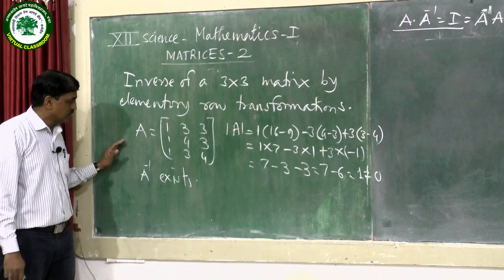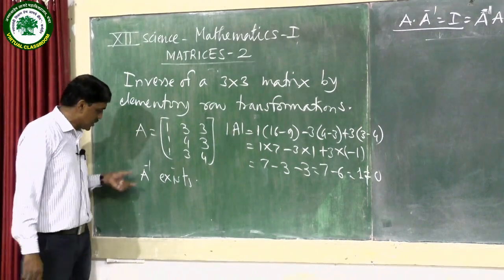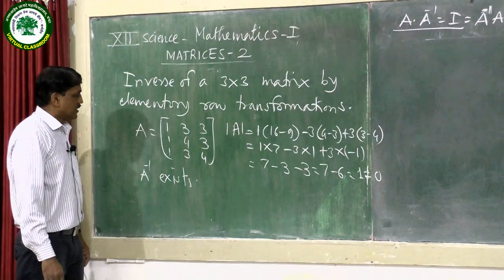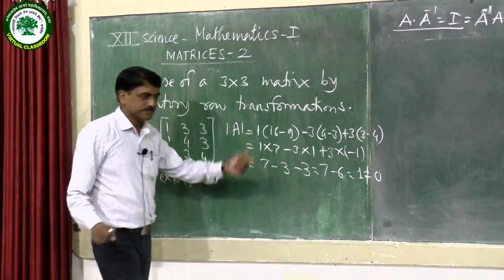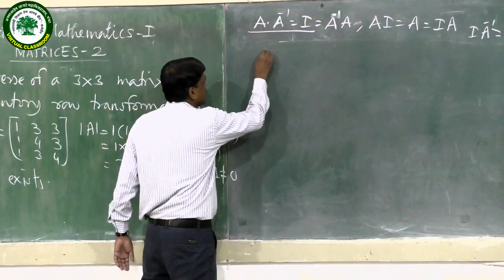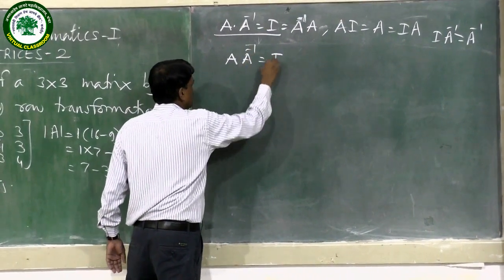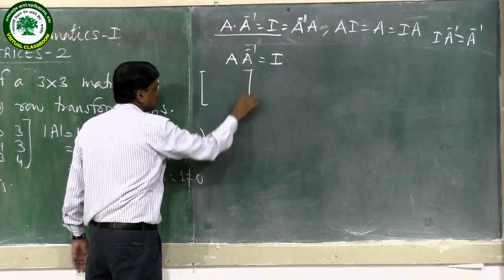The first thing is over. For the given matrix A, we have checked whether it is invertible or not. So A inverse exists. Now, let us write our usual step. What do we write while performing row transformations? A into A inverse is equal to I. So what is our I?